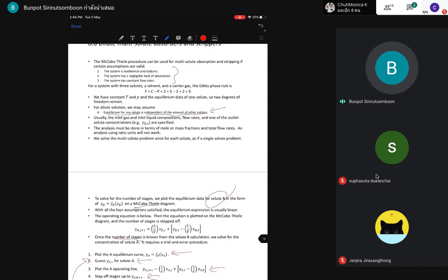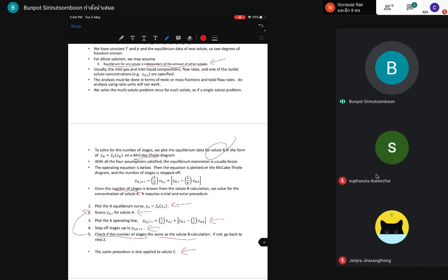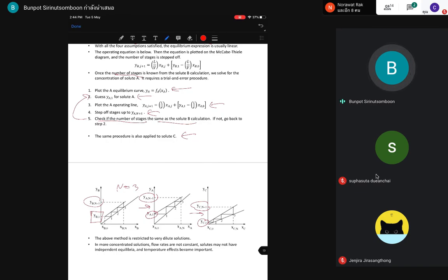Sometimes you have multiple solutes in your system that transfer from one phase to another. Then you have to make sure that your system is dilute.